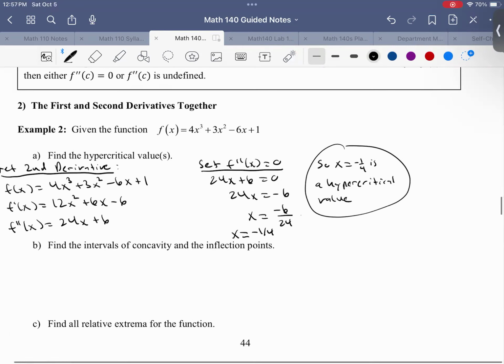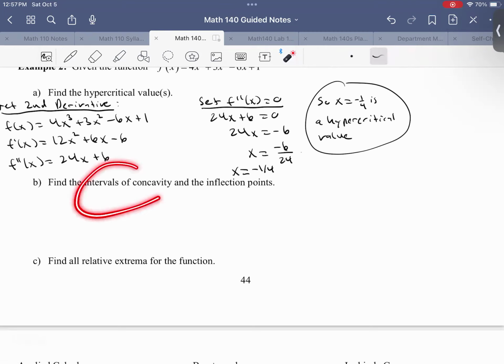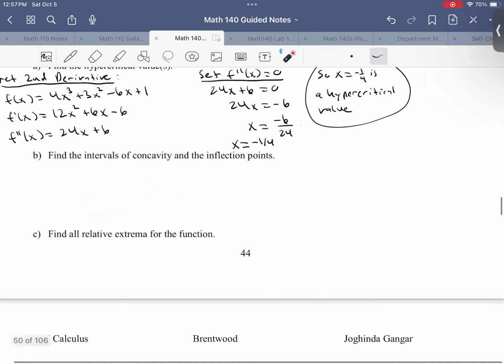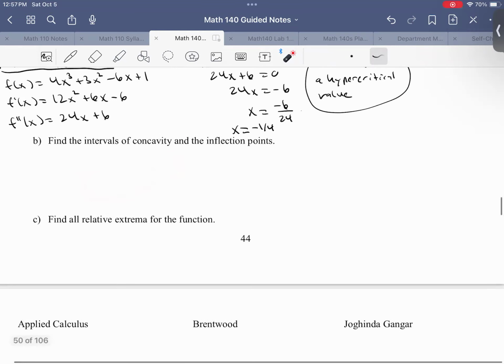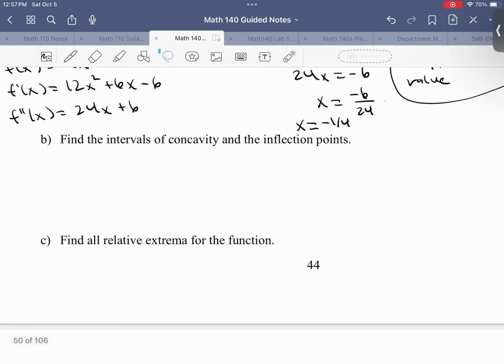But okay, so next question is find the intervals of concavity and the inflection points. Okay, so let's go ahead and focus on the first one, intervals of concavity. So much like with increase, decrease, this is where we need to draw a number line, plug in some test points, and figure out if it's negative, positive, and that will tell us if it's concave up, concave down. So let's go ahead and try that out. So I have a number line here.